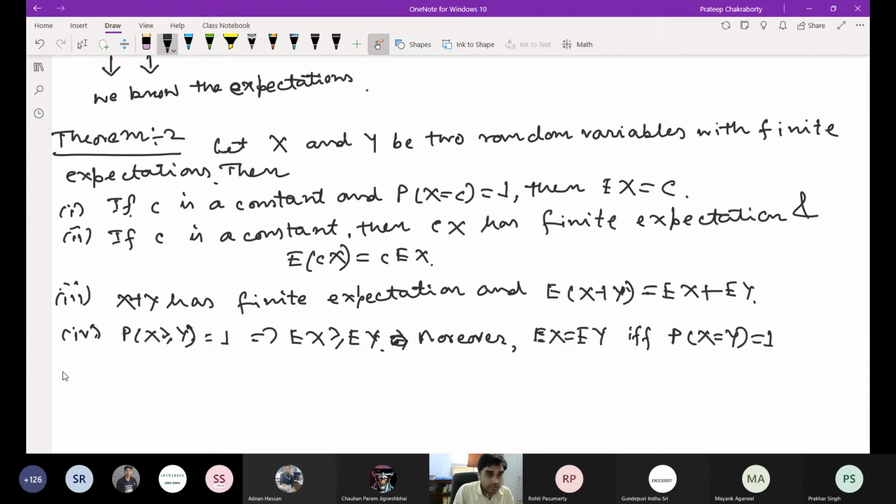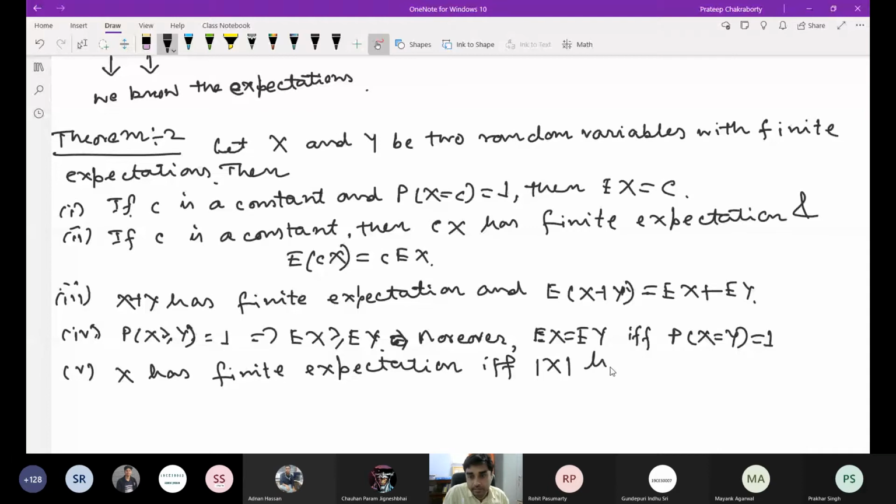Up to this part, things are a particular case of measure theory. And X has finite expectation if and only if mod X has finite expectation.